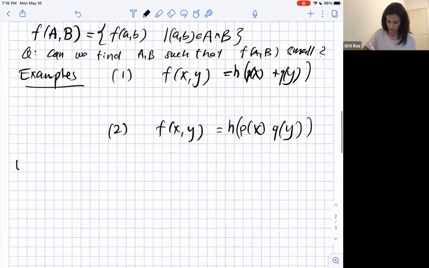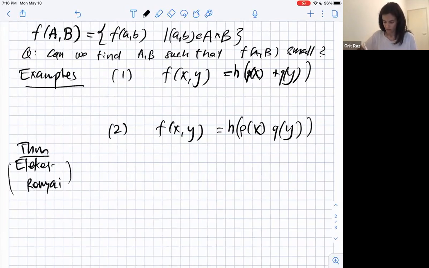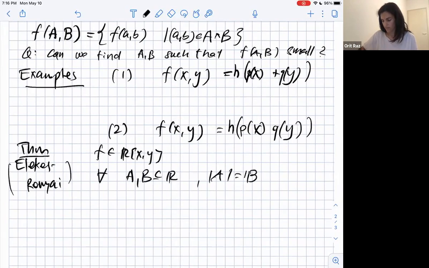So the theorem of Elekes and Rónyai shows that no, these are the only examples. If f is a polynomial of two variables, then for every A and B of size n, the image will be little omega of n, so more than n.